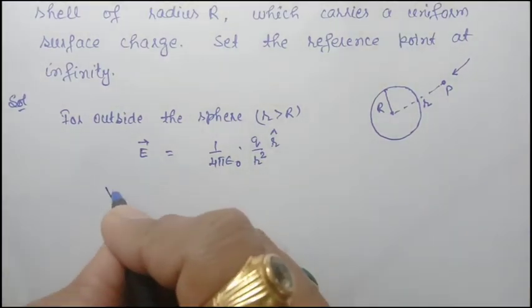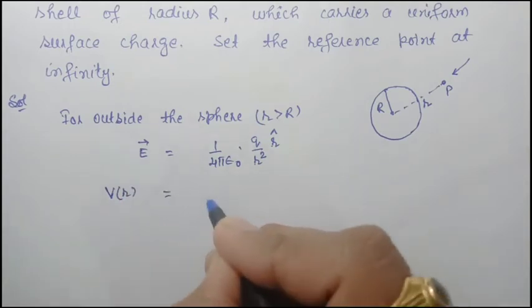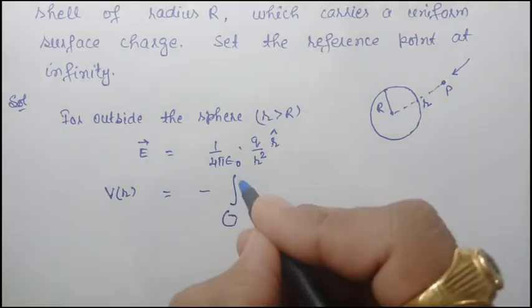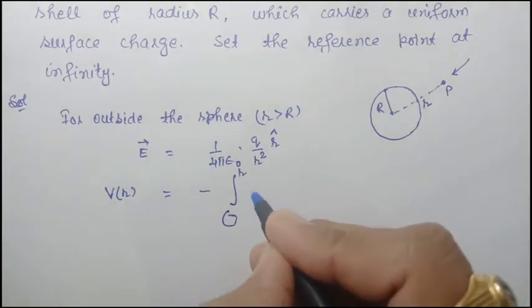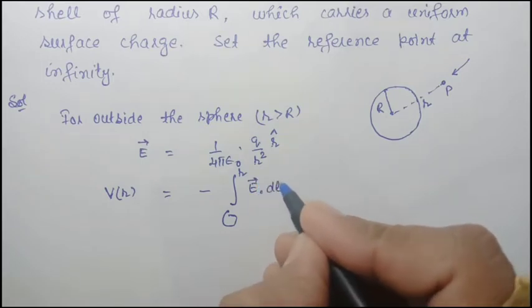So as per definition, potential is equal to minus the integral from the reference point to r of E dot dl.